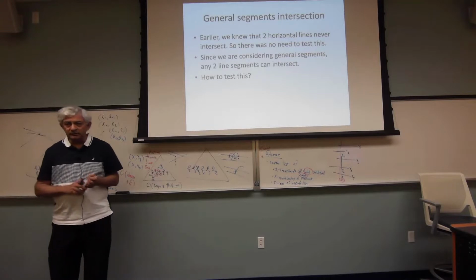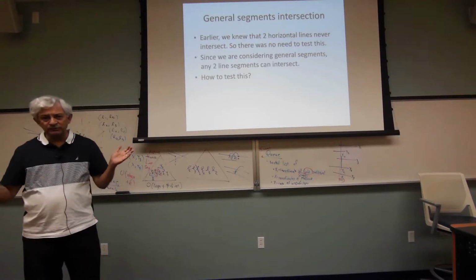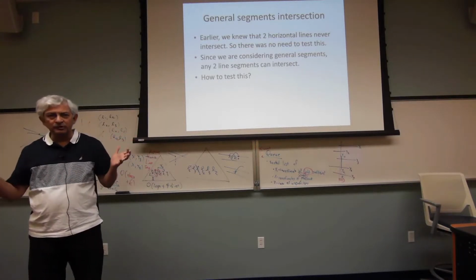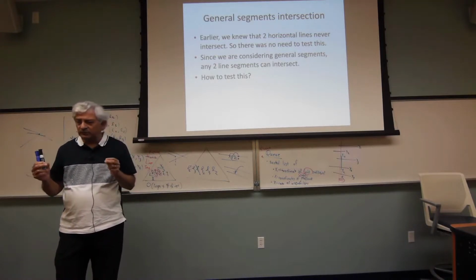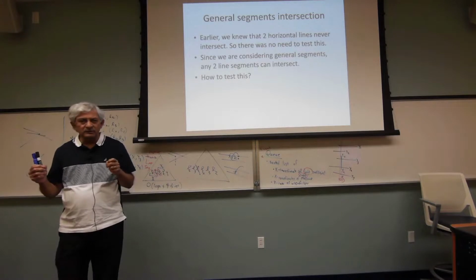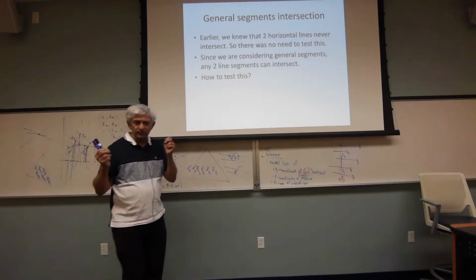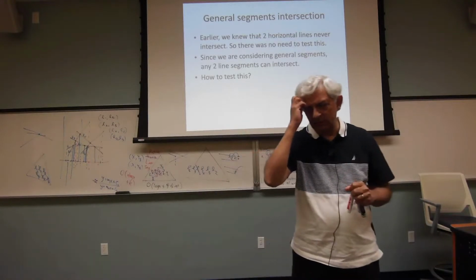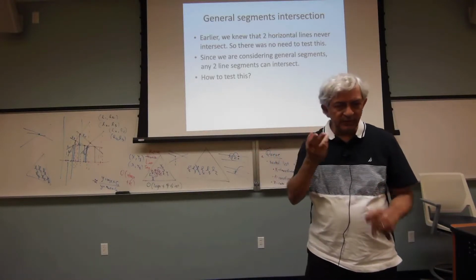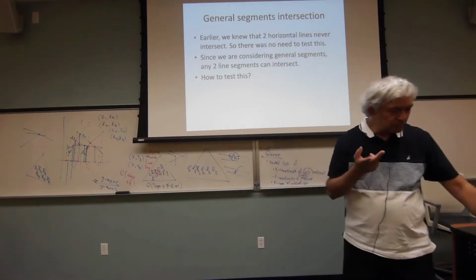A red-black tree maintains a set of values in roughly sorted order. A range query will give you two values and says, tell me all the values that are between A and B that are in this data structure. And as we discussed earlier, there are two kinds of problems.